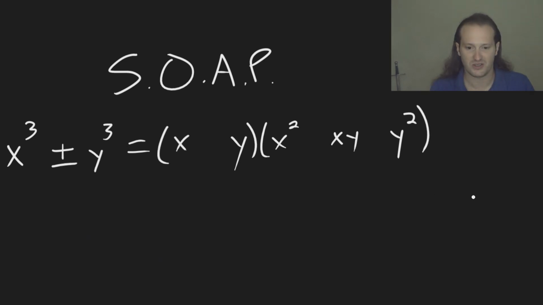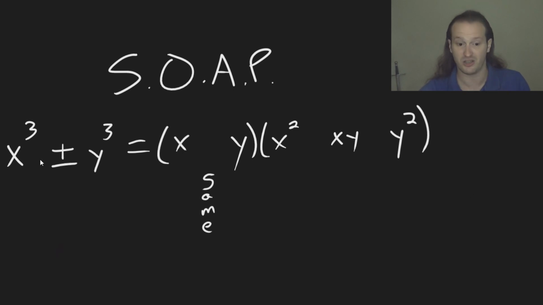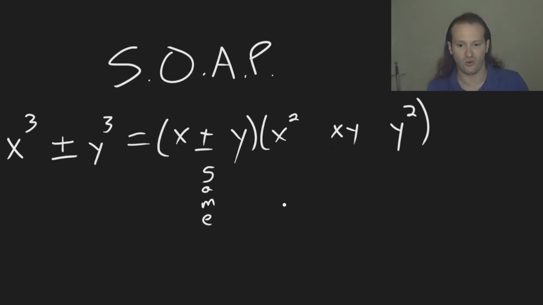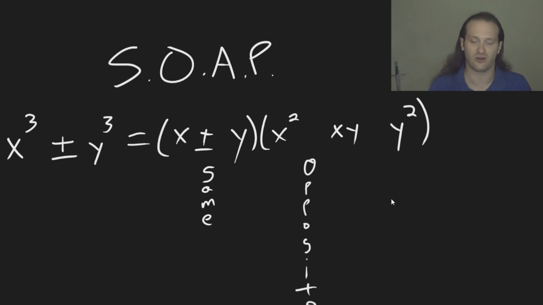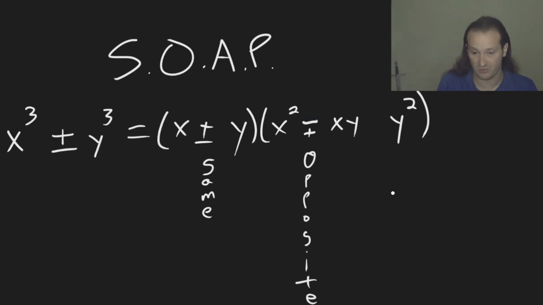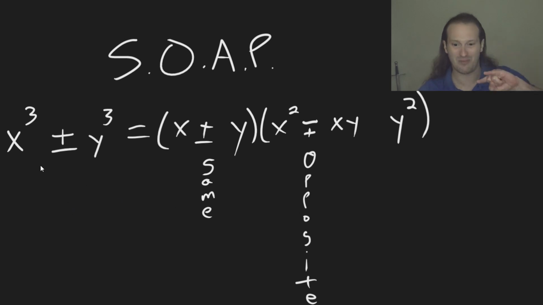S is same. So whatever you started with, whether it was a plus or a minus, it's the same for this spot here. This spot is O, which is opposite. Whatever it is, it's the opposite here. The minus or plus symbol just means that whatever this is, you're going to do the opposite of it.